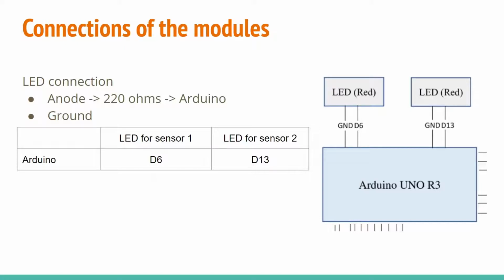We have assigned digital pins D6 and D13 to the 2 red LEDs. The anode of the LED must connect to a 220 ohm resistor first, and not directly to the Arduino. So I will let my groupmate introduce the key considerations of our system design.